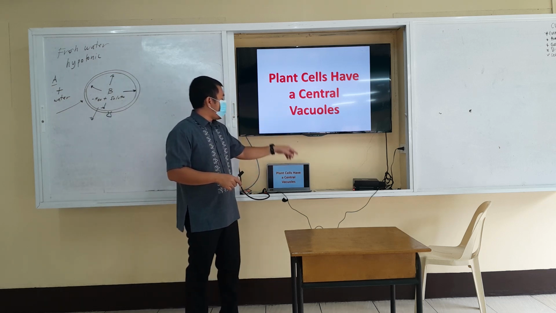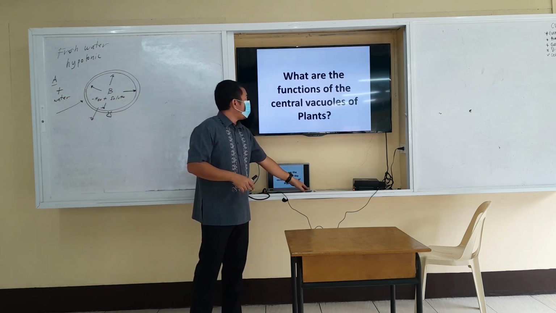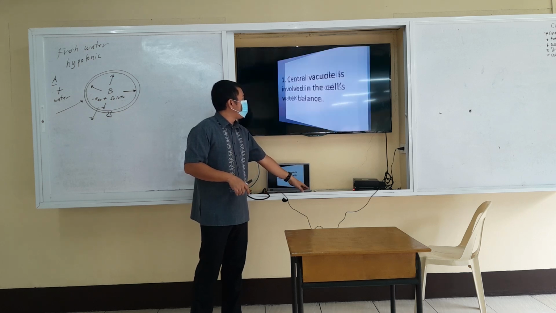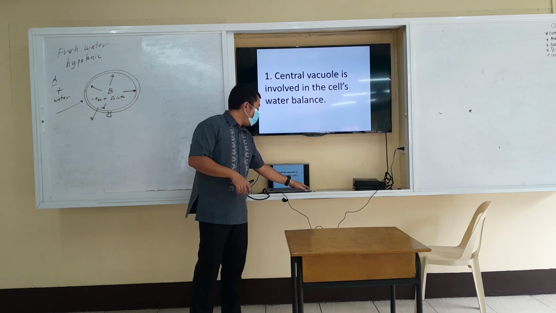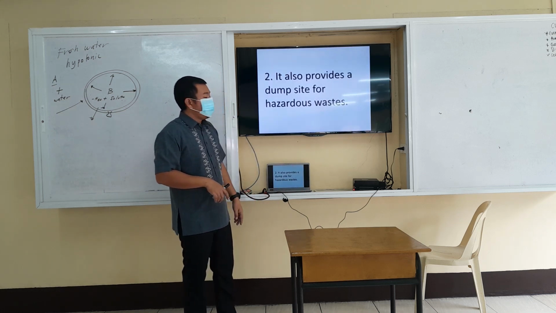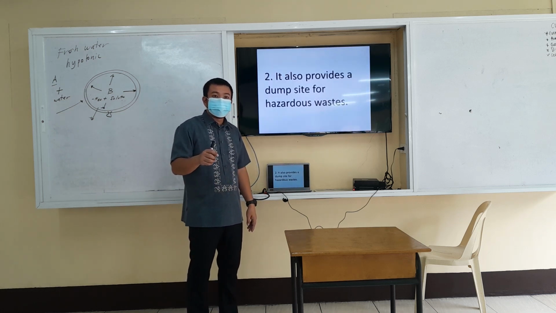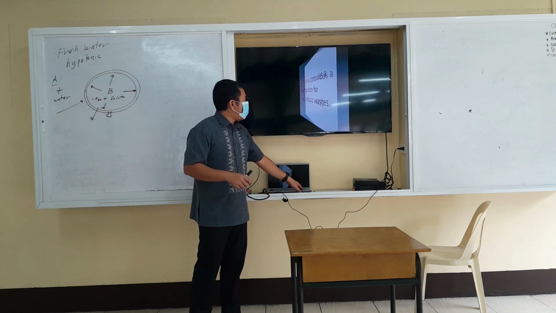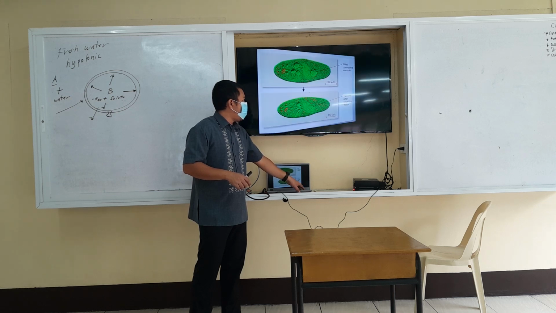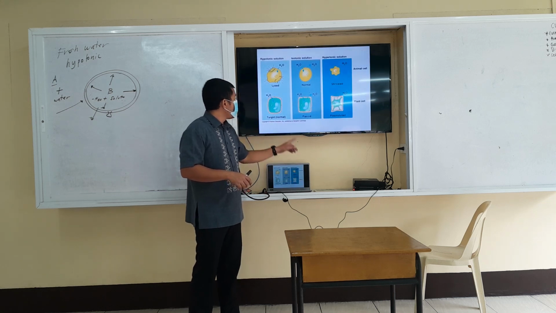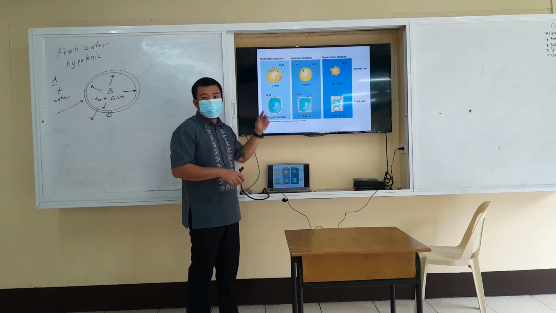Okay, plant cells have a central vacuole. What are the functions of the central vacuole of plants? Of course, it involves water balance. You would know if the plant is healthy if the central vacuole is filled with water. Sir, how come some plants don't experience the bursting of the cell?